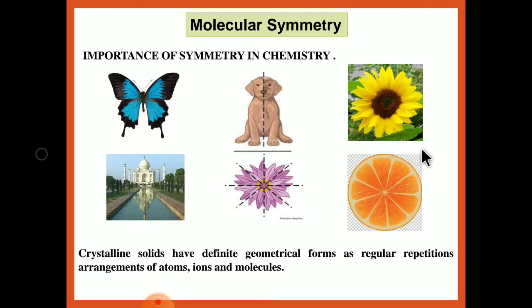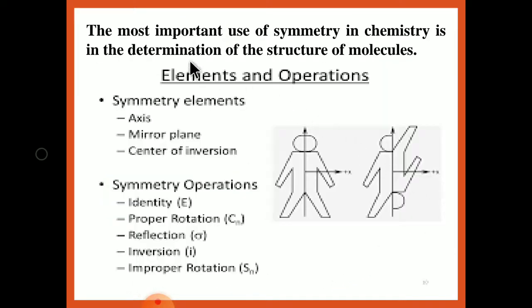The same thing we are going to apply to the molecular structure. Crystalline solids have definite geometrical forms, with regular repeating arrangements of atoms, ions or molecules. The most important use of symmetry in chemistry is in the determination of the structure of molecules.